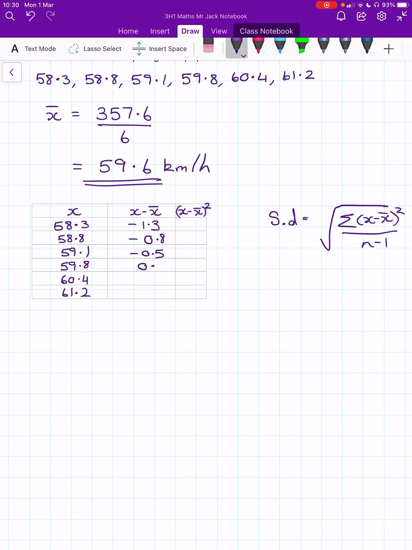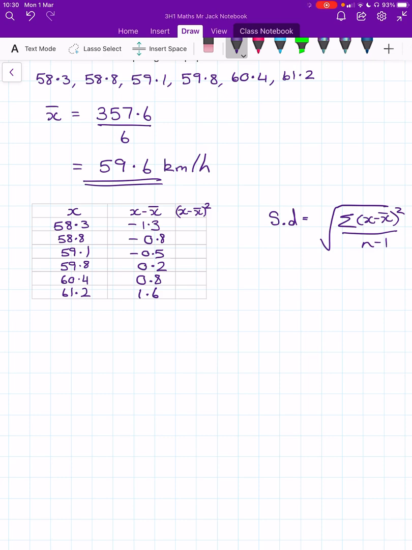This one will be 0.2. This one will be 0.8. And then that one is going to be 1.6. Okay, so that should be that column. Now, if we look at the pattern there, remember we talked about it goes from the largest negative, gets increasingly more positive, and then goes to the largest positive. So that all looks good as well.